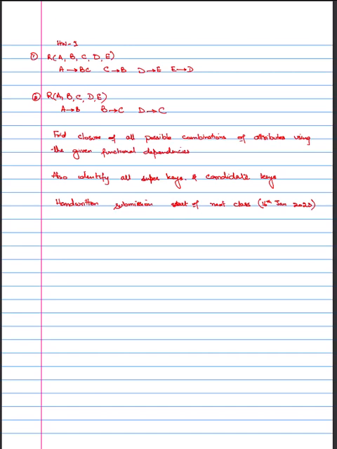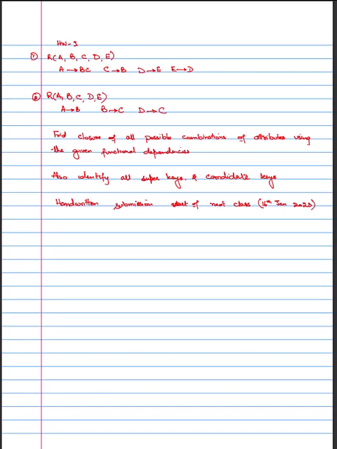These are other examples you can solve by yourself. Relation A, B, C, D, E: A identifies B, C; C identifies D; B, D identifies E; E identifies D. So the maximum number of closure combinations will be 2 raised to the power 5 minus 1, that is 31. You can apply the above properties, reflexive property, union property, composition and decomposition property in the given scenario.